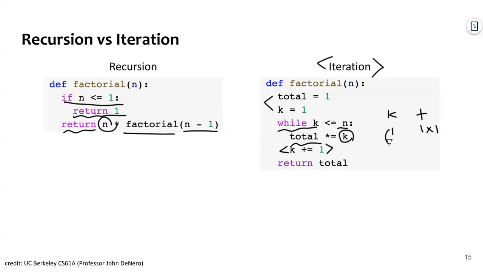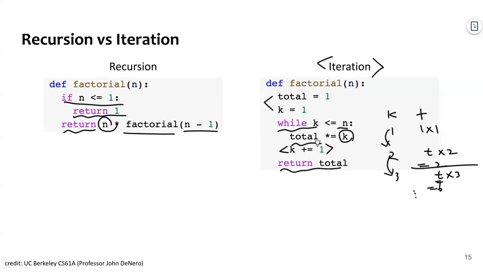In the next iteration, k becomes 2. Then we multiply 2 to total, and it's going to be 2. In the next iteration, k becomes 3, and we're going to multiply total times 3, which was 2 in the previous iteration. So it's going to be 6. So in this way, we can implement factorial using iteration. And in the end, we're going to return the total.